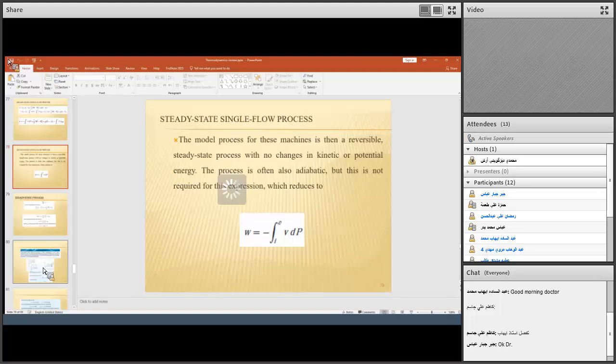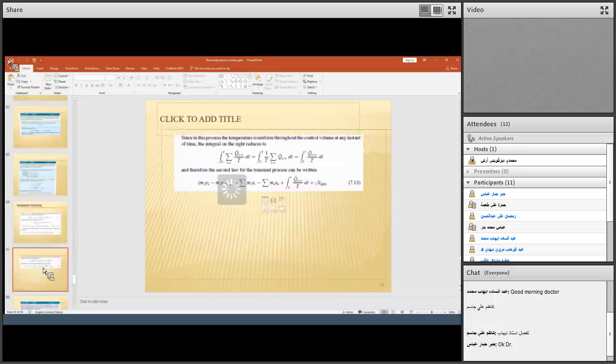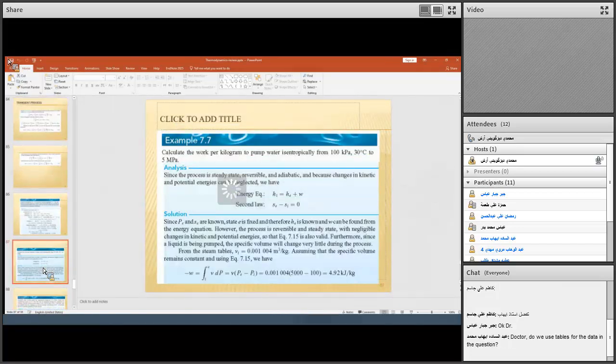For a steady state reversible process with no changes in kinetic and potential energy, and also adiabatic, the work can be computed from this integral: work equals minus the integral between state i and e of specific volume times dP. So we use this equation to solve the problem.